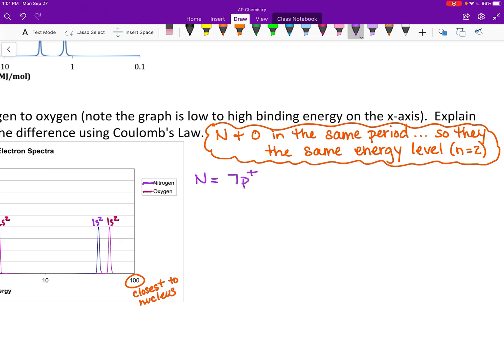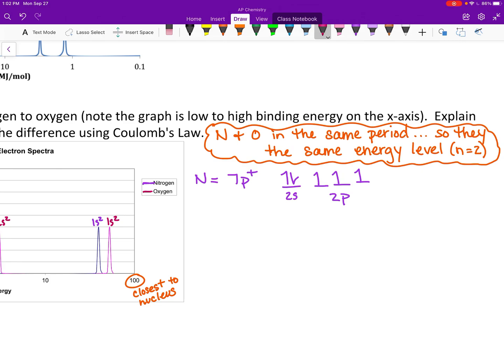has 7 protons. And if we wanted to look at the orbital diagram, we know that we have, for the valence electrons only, I guess I should do that. Okay, so for valence electrons only, we're going to have the 2s, we have 2 there, and then 2p, we have just 1 in each orbital.